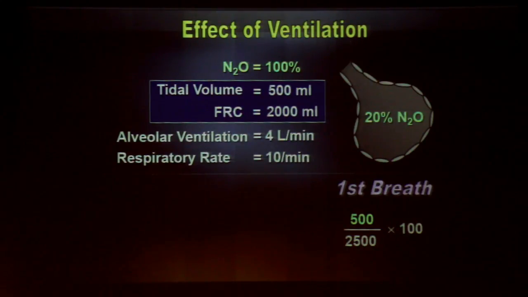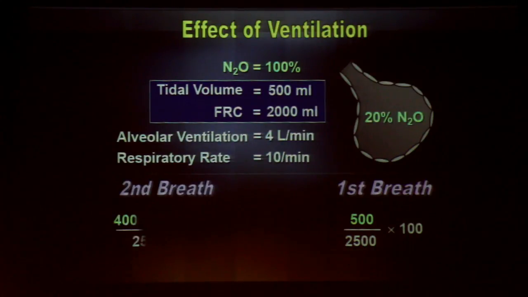So this is your total volume, and this is the rate at which the ventilation is going in. So 2.5 liters is your dead space containing the tidal volume and the FRC. Then 500 of the tidal volume divided by the total volume of 2.5 liters into 100, you will get the nitrous oxide concentration of only 20% in the first breath if you are giving 100% through the flow meter.